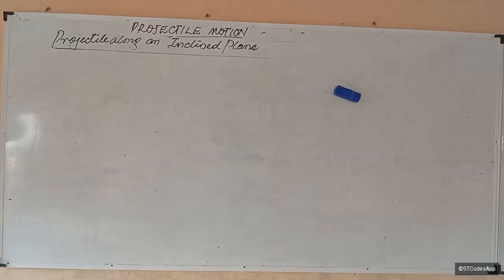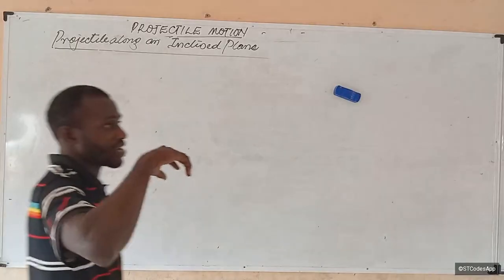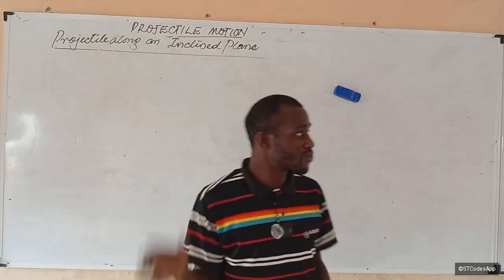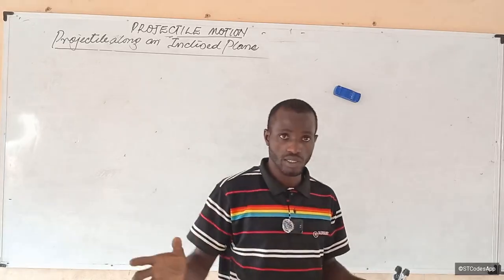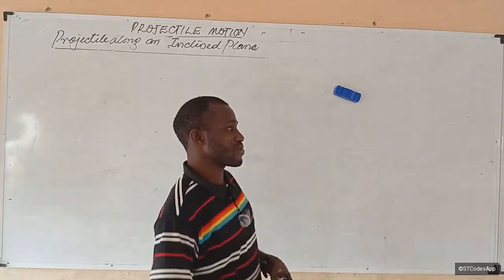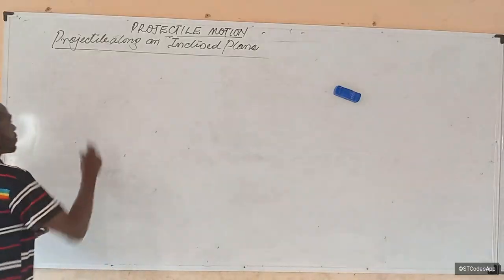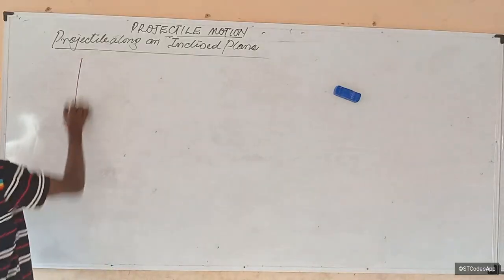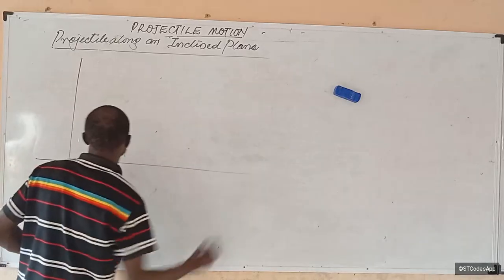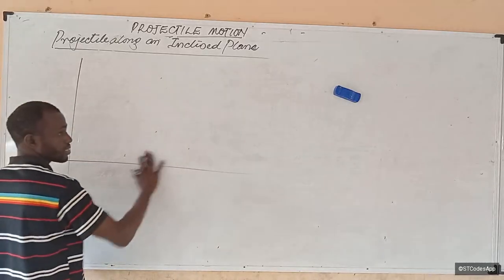So far we have been examining projectiles that are thrown from a horizontal surface. So now what if we launch a projectile from an inclined plane? Let's say this is our Cartesian coordinate plane.